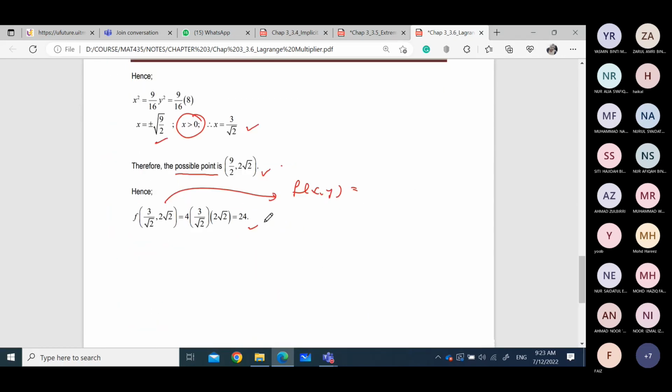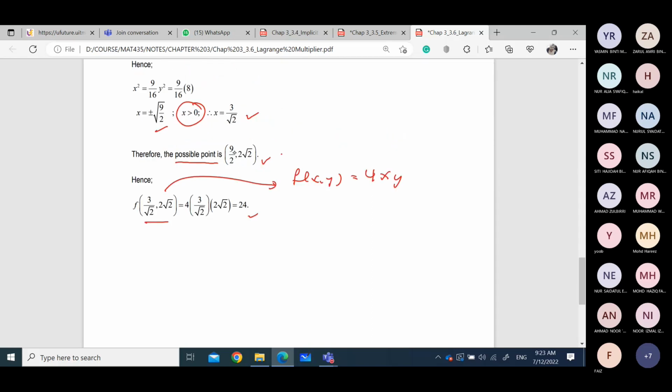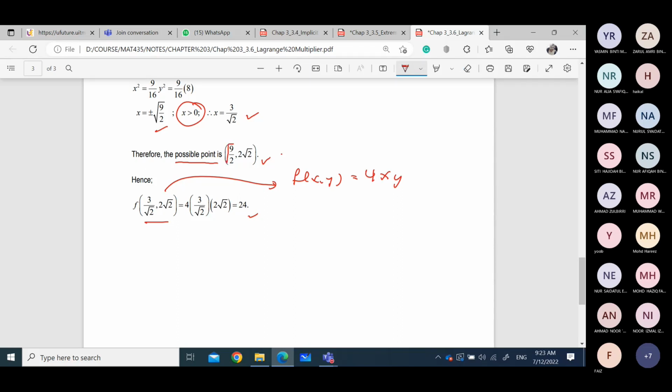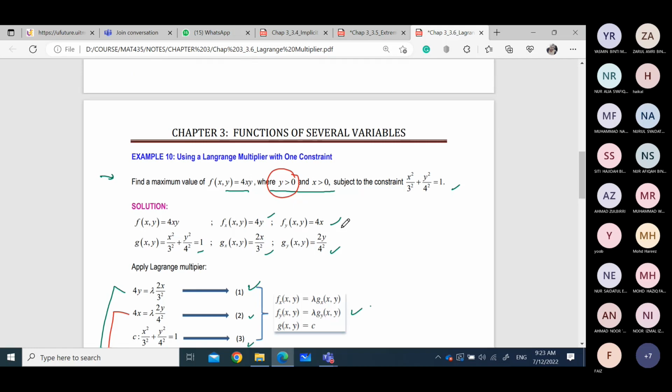Okay, so you just substitute its value. So the point here is 3 over 2. Is this correct? Yes. So there is a square root there. Okay. Alright. So we get 24. So the value of this point is about 24. So this one asks to find the maximum point, in the question there. So the maximum point here is 24.